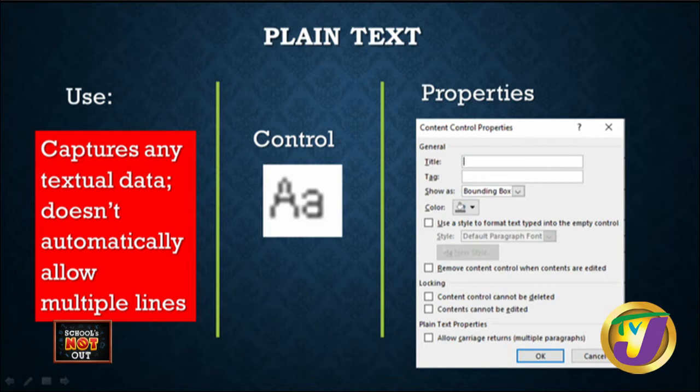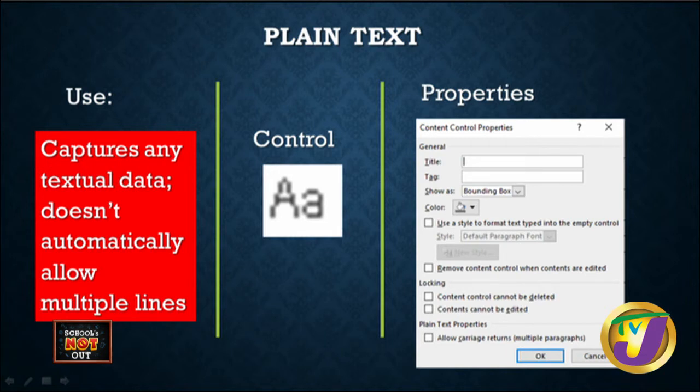So this selection allows you to make this static so that no one can delete the actual control. They'll be able, of course, to clear out information that's in the control. If it's a text box, they could possibly clear out what's in the text box, but they won't be able to delete the control itself.